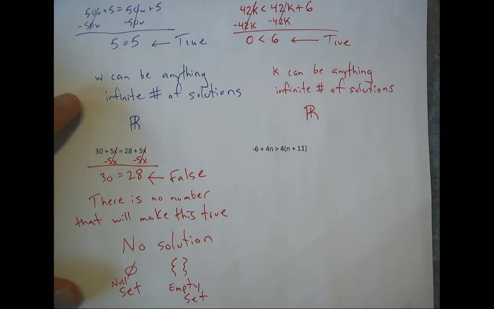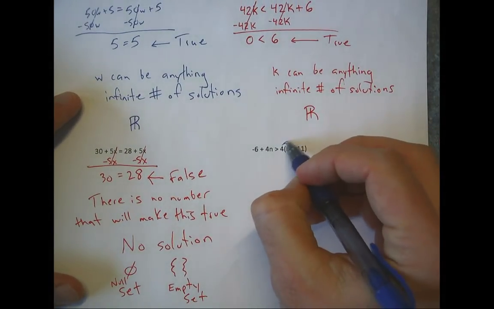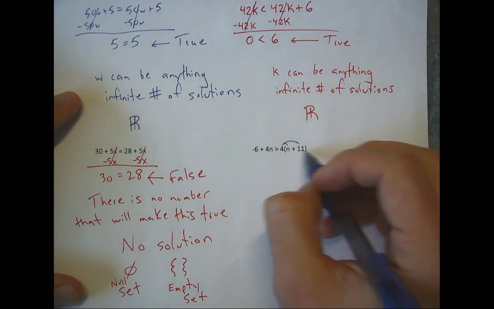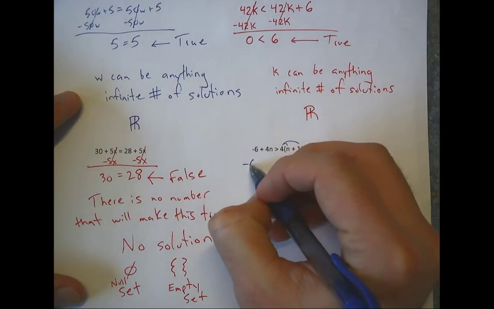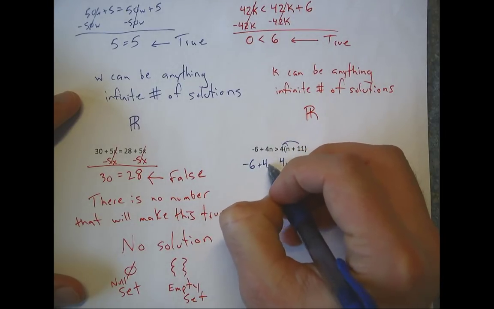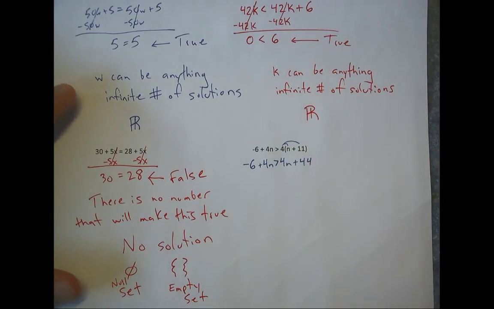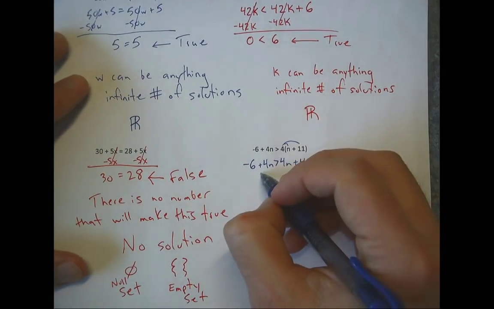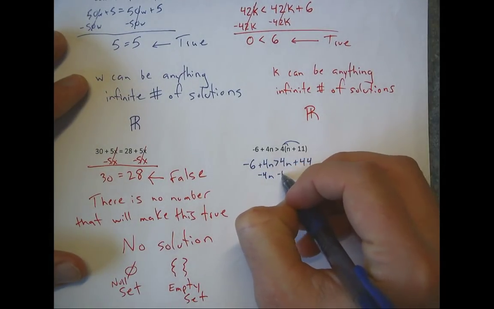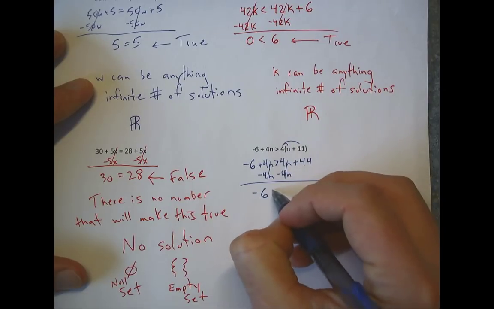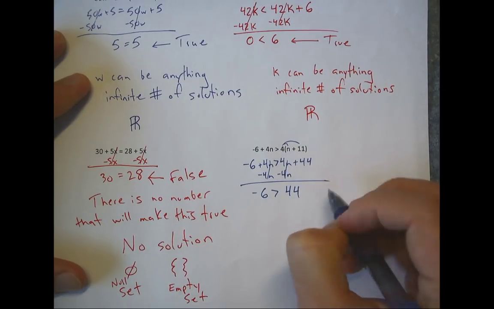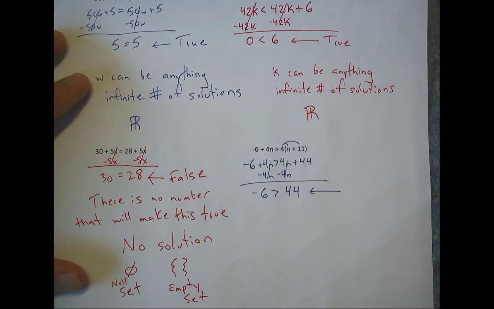So let's look at an inequality. First things first, you always want to simplify if you can. So 4n plus 44. Bring it all down. Now, I've got a 4n on both sides. I'm going to cancel them out. So they both go away. And now it says negative 6 is greater than 44. So I need to analyze that statement.